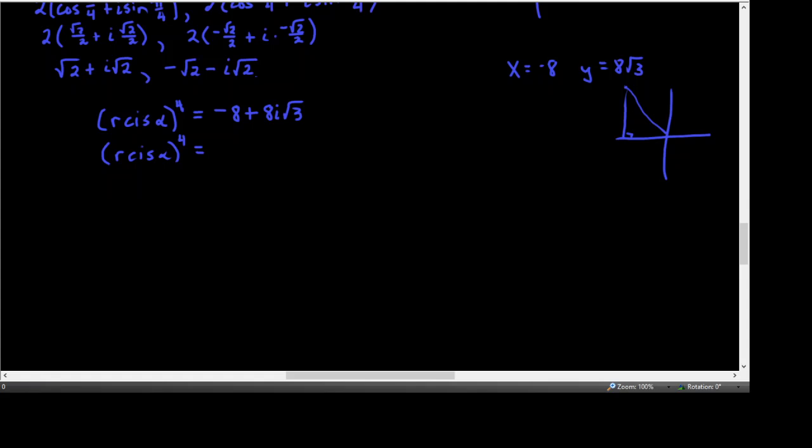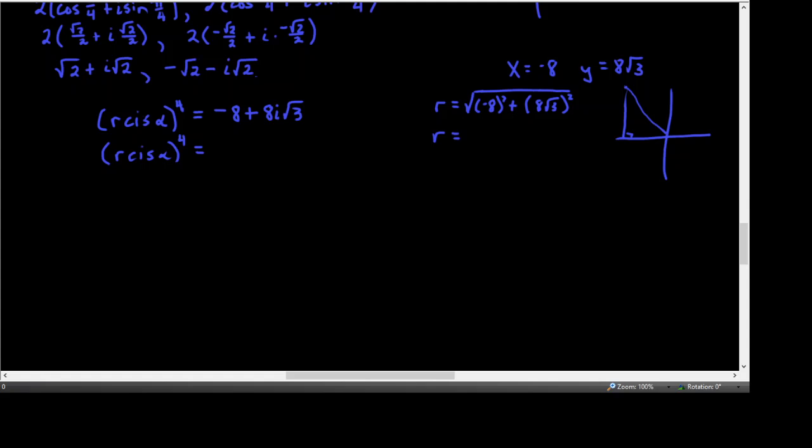So that means that r is the square root of x, which is negative 8 squared, plus y, which is 8 square roots of 3 squared. See, negative 8 squared is 64.